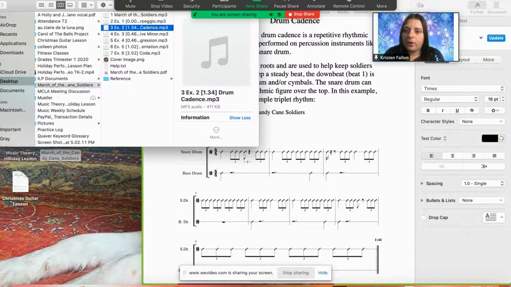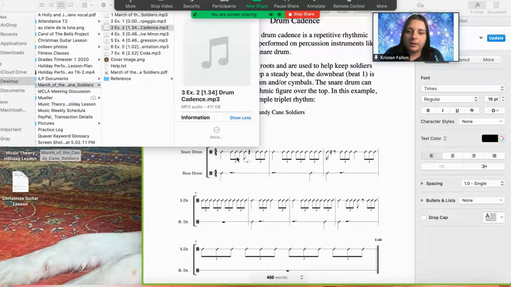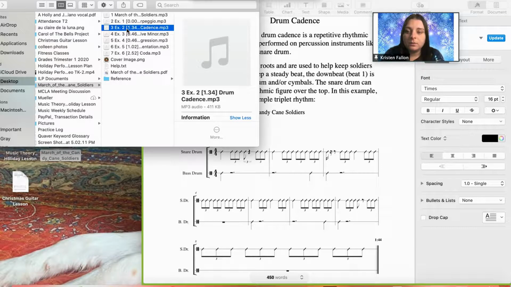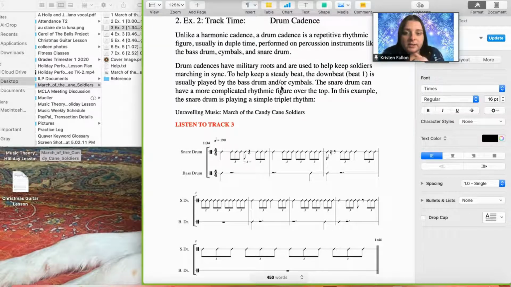This time try to follow along with the actual line here. I'll try to use my cursor to help you follow. Okay. So that is the drum cadence. That's the second thing to listen for.